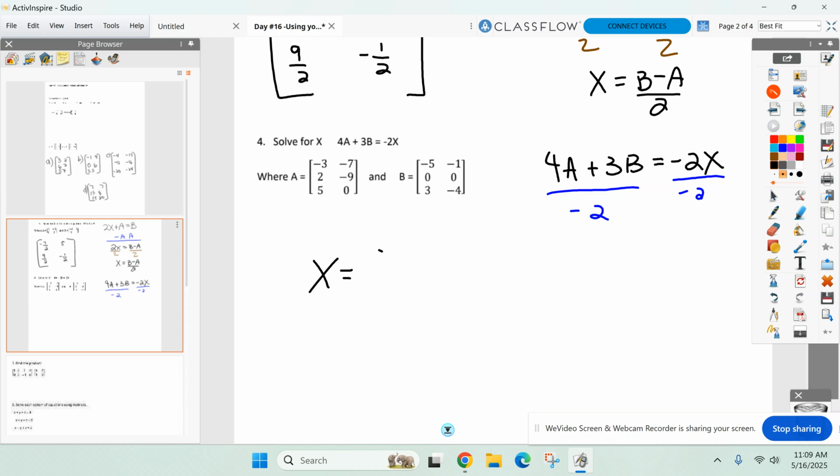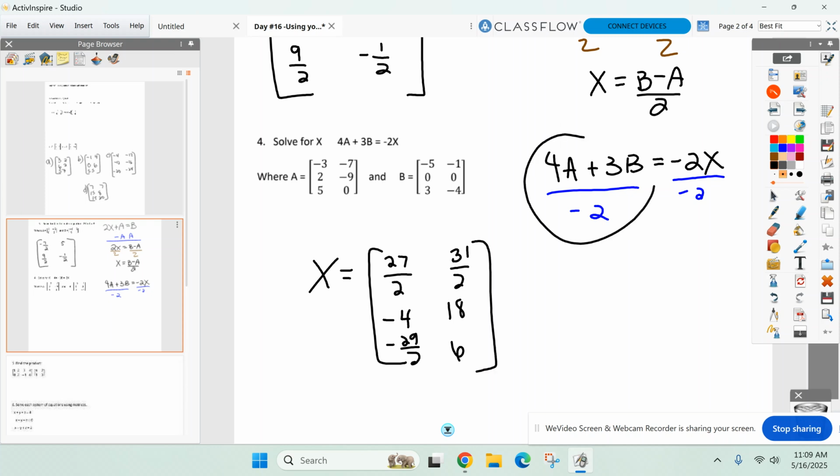Quick check on this one, number 4. 27/2, -4, -29/2, 31/2, 18 and 6. That's what I get when I type in that right there.